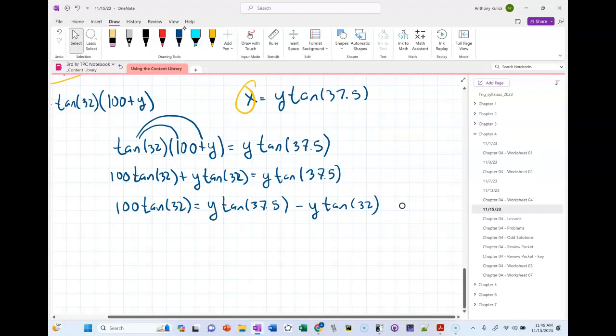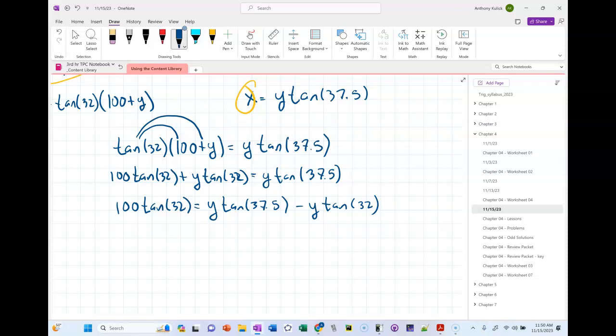Yes, Jake. Sure. What if I notice that both terms on the right-hand side have a factor of y in it?